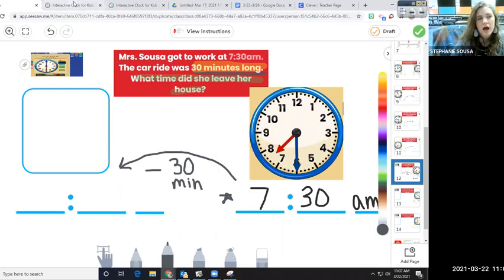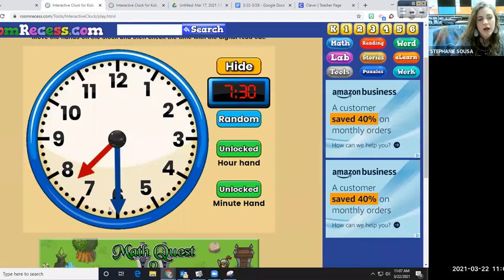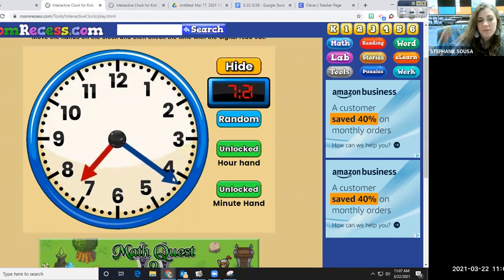So on our clock, we're going to move our clock backwards 30 minutes, okay? So let's move our hand back by 5s until we get to 30. So that's backwards 5, backwards 10, backwards 15, backwards 20, backwards 25, backwards 30.